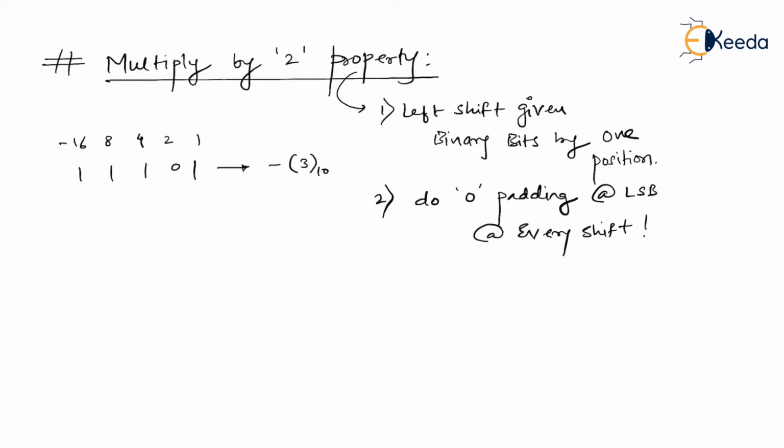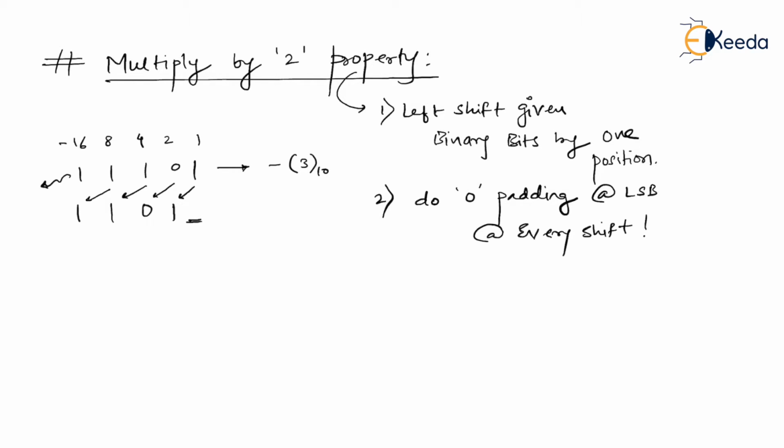Fine. Now let's apply this property, that is the left shift property. Very simple. Because of the left shift, this 1 will come here, this 1 will vanish, okay? This 1 will come here, this 0 comes here, this 1 comes here, and we have a vacancy at the LSB.